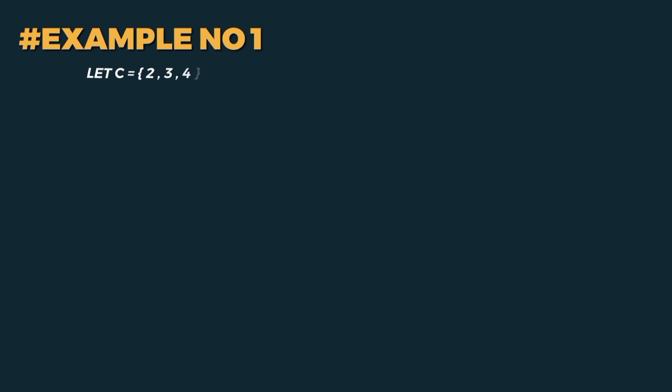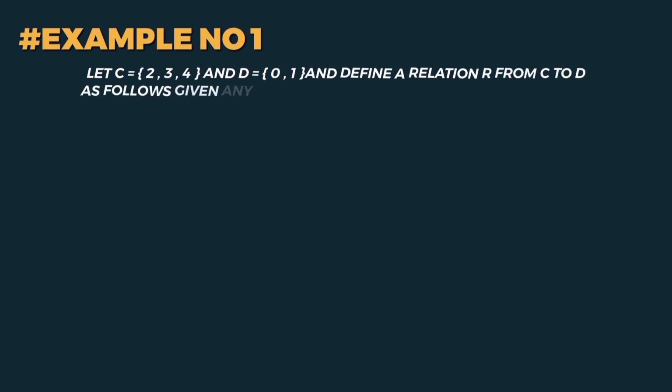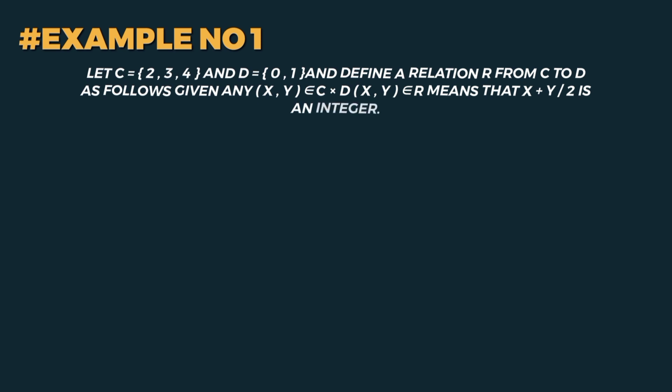Let C equal the set {2, 3, 4} and D equal the set {0, 1}, and define a relation R from C to D as follows. Given any ordered pair (X, Y) in C cross D, the ordered pair (X, Y) is an element of R means that (X + Y) over 2 is an integer.